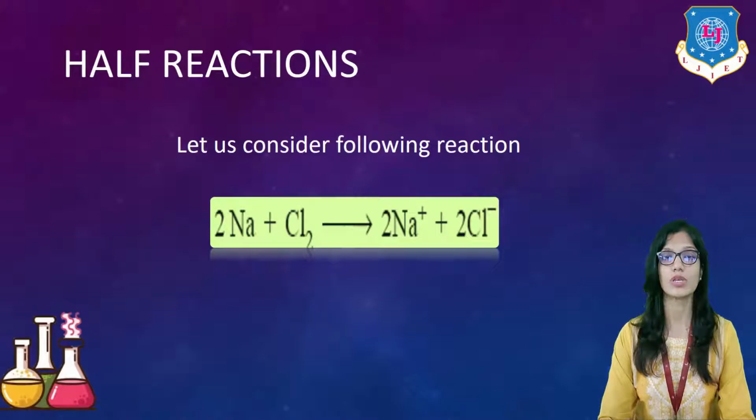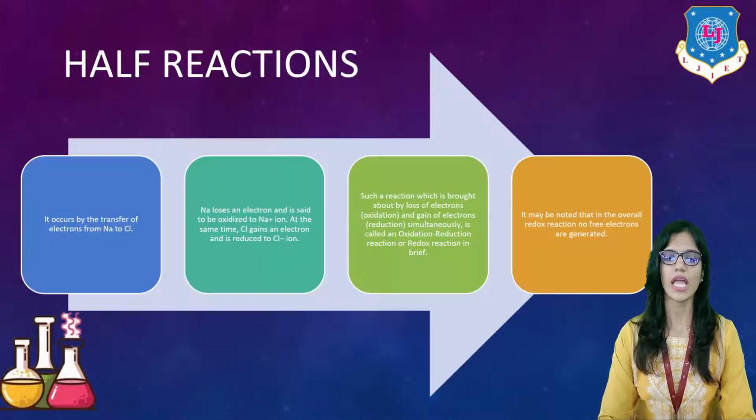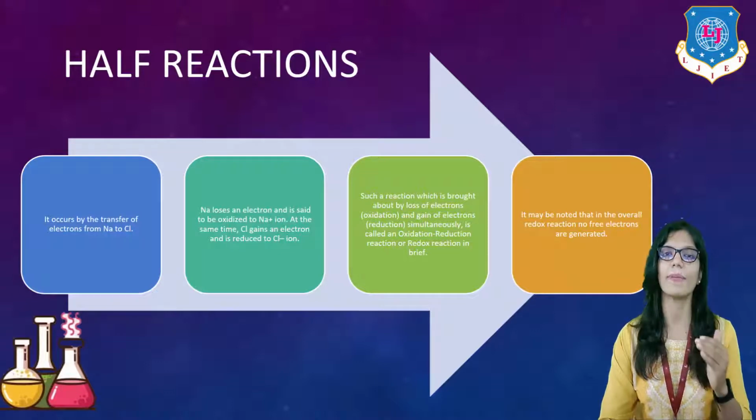So this is one reaction. Now it occurs by the transfer of electrons from Na to Cl. Na loses an electron because it contains one more electron and is said to be oxidized to Na+ ion. At the same time, Cl gains one electron and is reduced to Cl- ion.